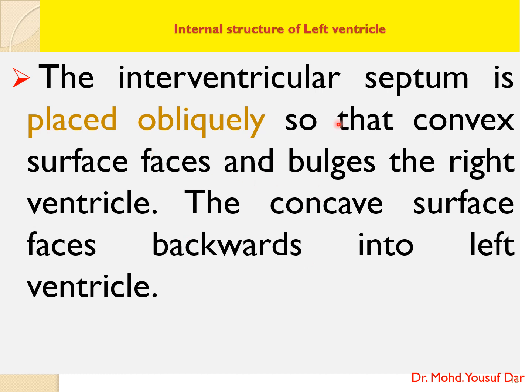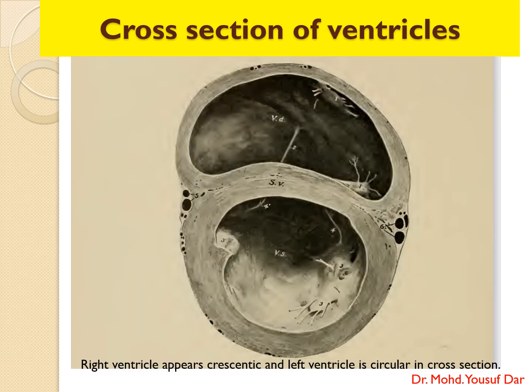The interventricular septum is placed obliquely so that the convex surface faces and bulges into the right ventricle. The concave surface faces backwards into the left ventricle. So here, this is the cross section of the ventricle. This is the right ventricle and this is the left ventricle.